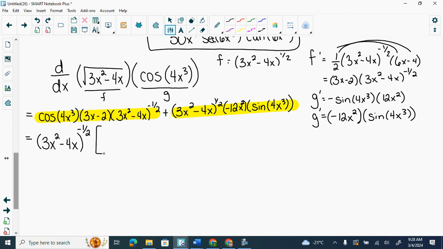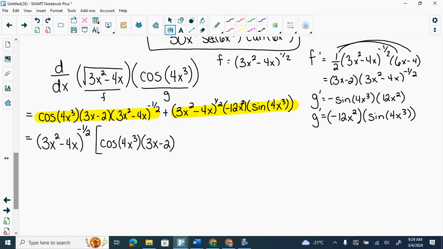And then I write what's left over. So the one with the negative a half is the easy one. So I'm still left with cos 4x cubed. I'm still left with it being multiplied by 3x minus 2. When I GCF that out, I'm left with a multiplication of 1, right? Because they completely cancel when I pull that negative a half out.